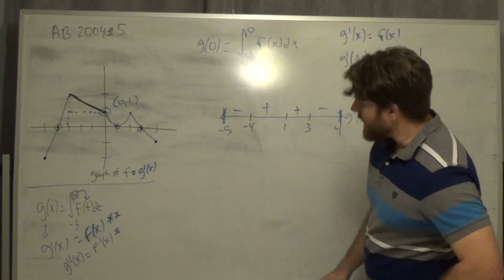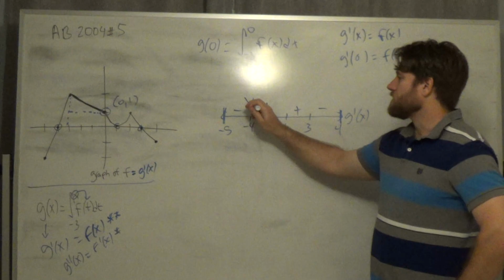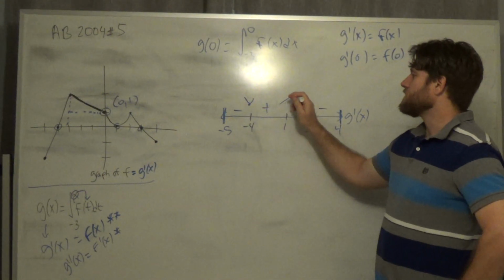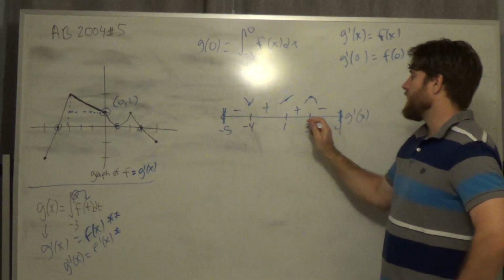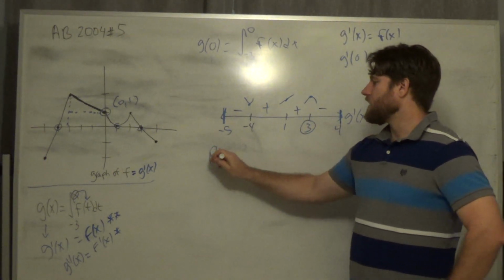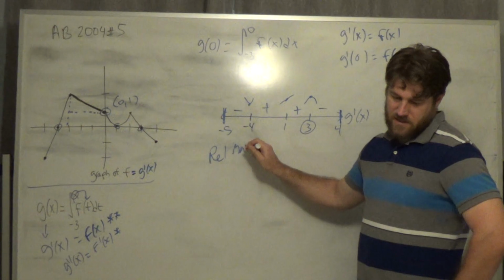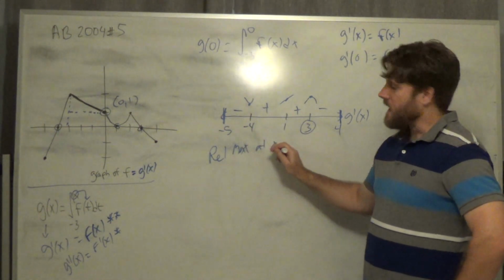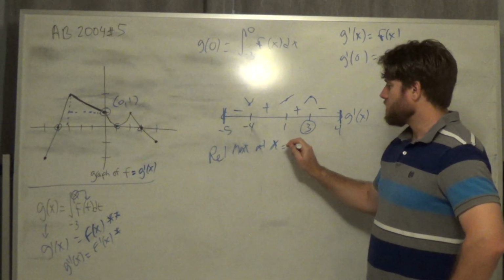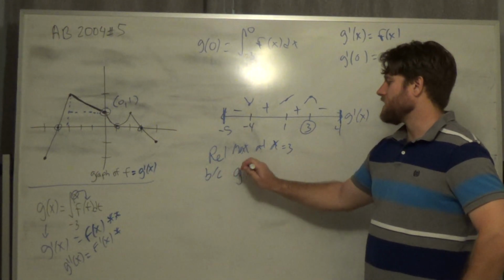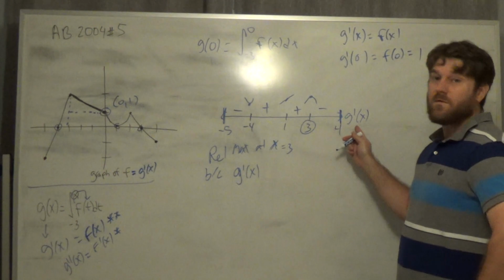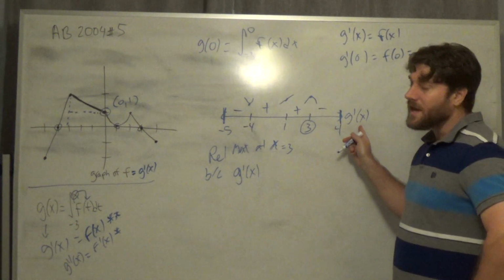So when we have a maximum, well, decreasing and increasing makes that a minimum. Increasing and still increasing, nothing, and increasing and decreasing, that's what we want. So you would say there is a relative maximum at x equals 3, and now you have to justify. Because g prime x, if you have not labeled your sign chart, you can't say this.